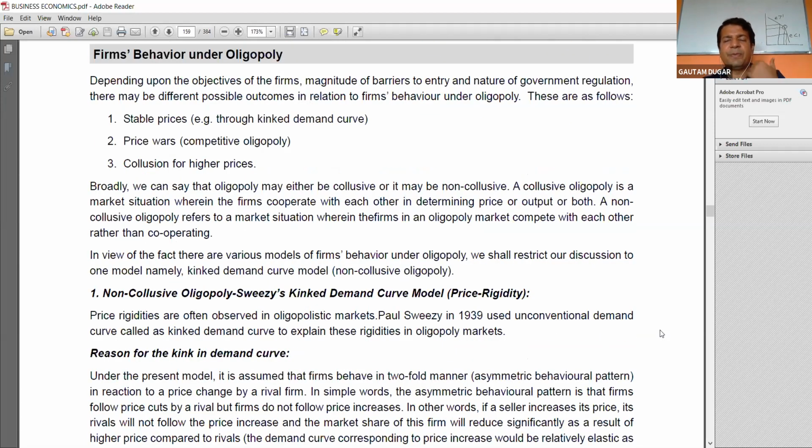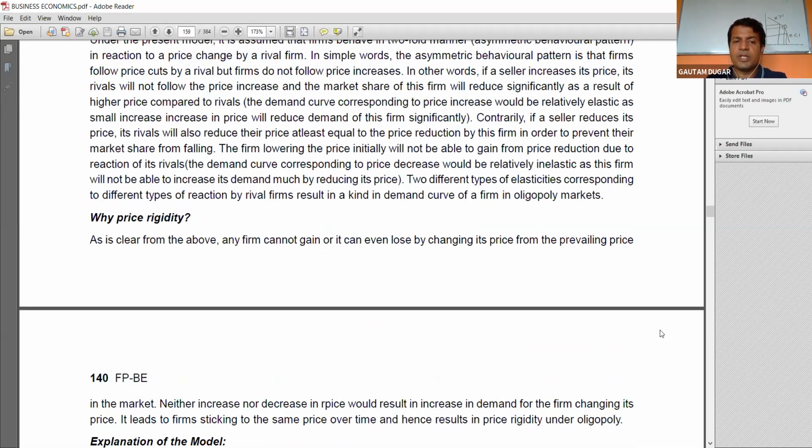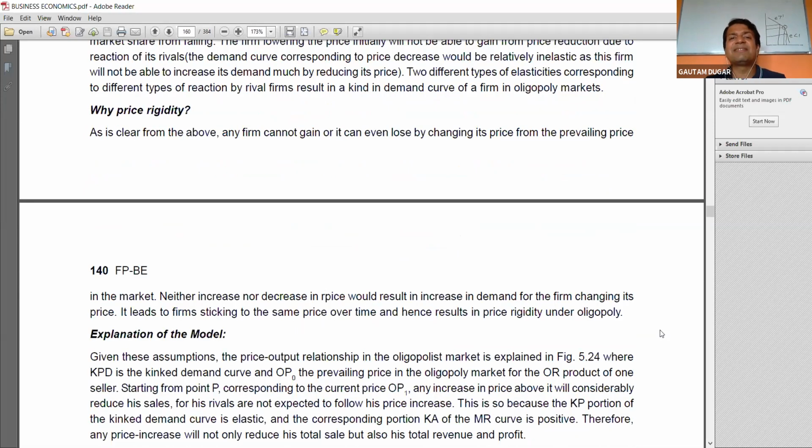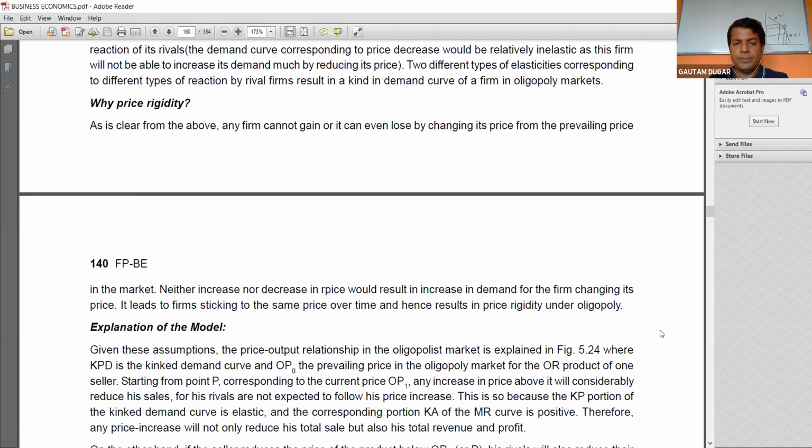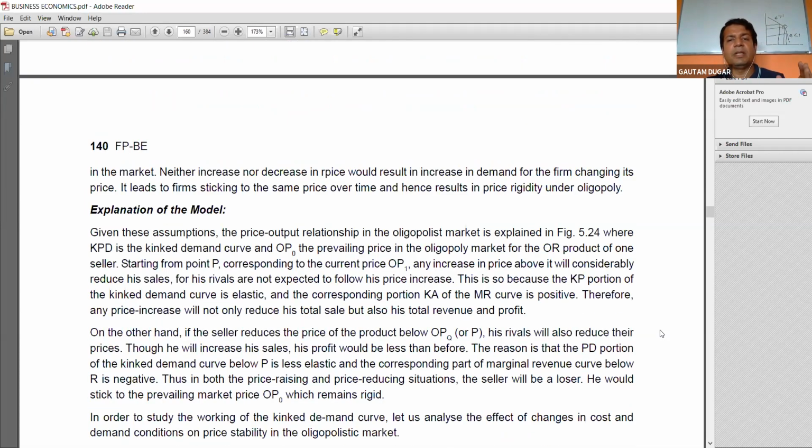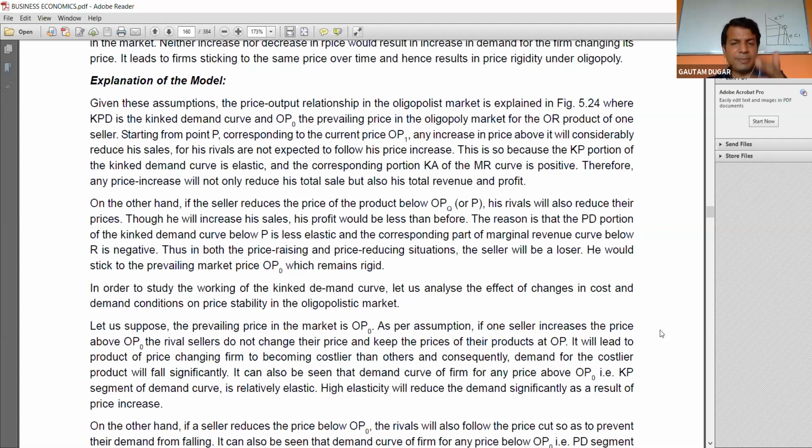We discussed price rigidity, the kinked demand hypothesis given by Sweezy. Here on the screen is Sweezy's kinked demand curve model. What is price rigidity? Pricing will remain sticky over a period of time. Price will not change. The reason is based upon elasticity of demand, which is explained in the book.